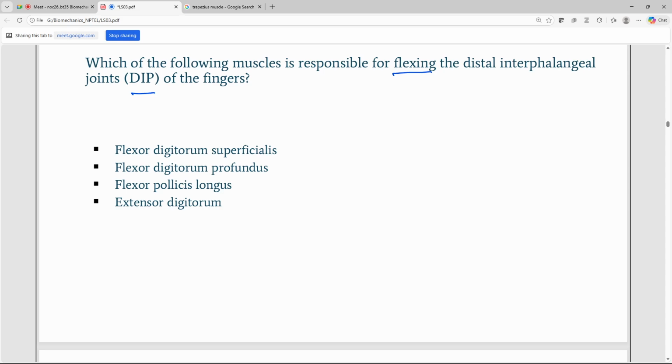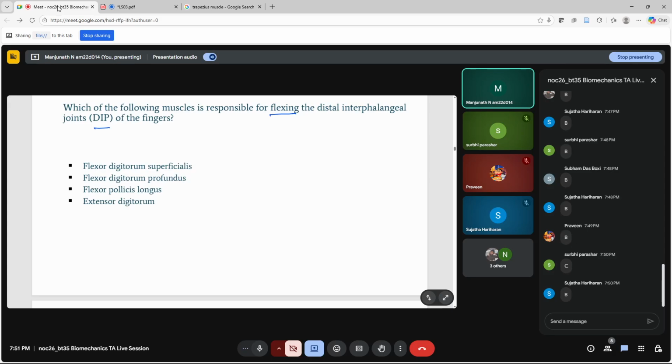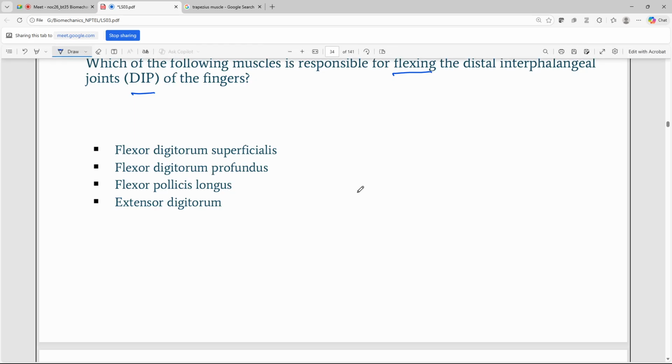What might be the answer? The answer is the second one, flexor digitorum profundus.